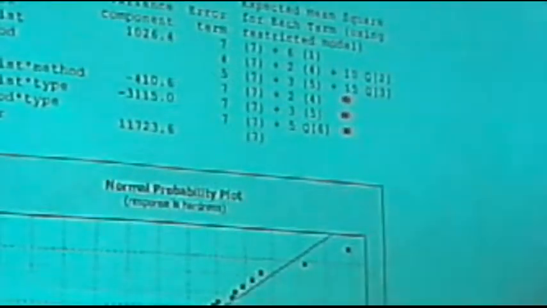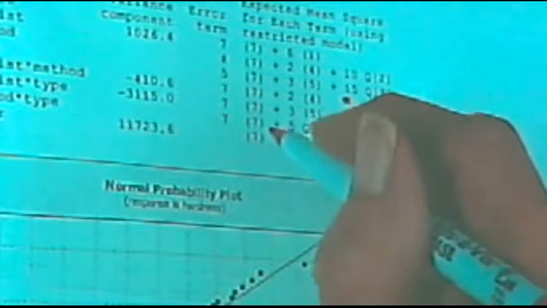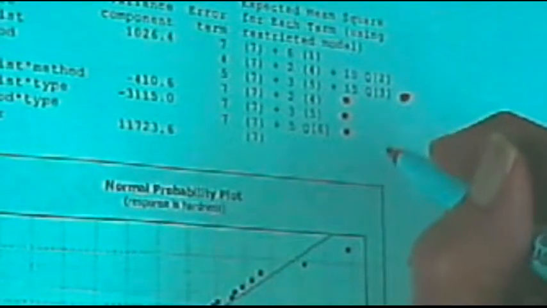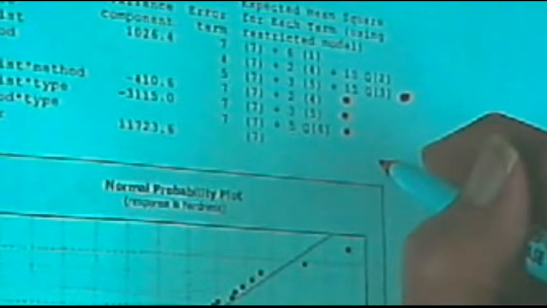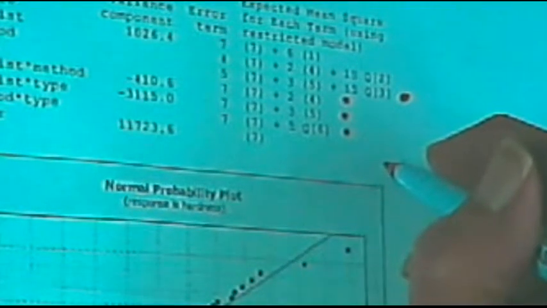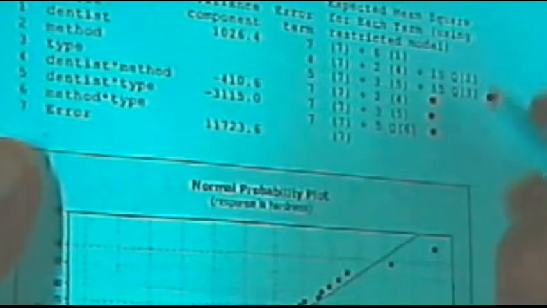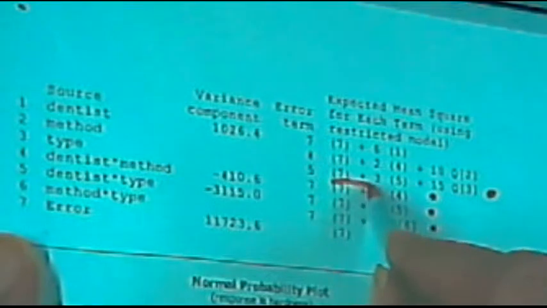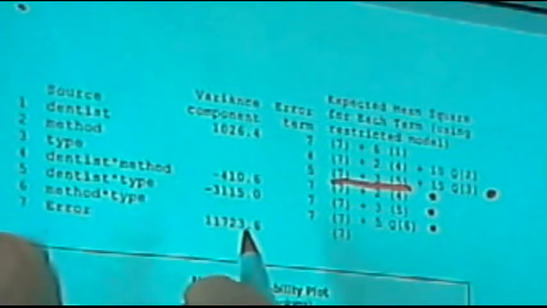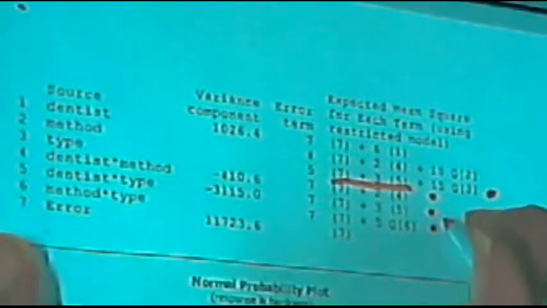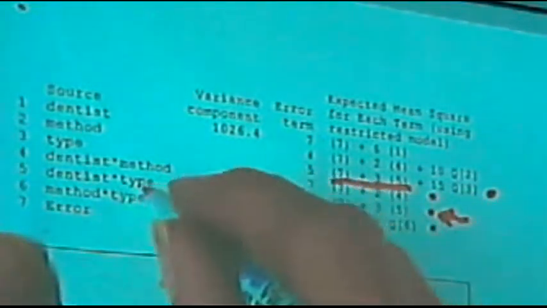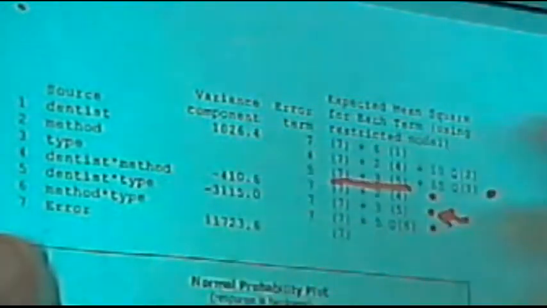So let's go on a little further then. Suppose I want to test type of goal. So here's the expected mean square. I have to find something that has the right denominator. So I've got to find something that has this 7 plus 3 times 5 as its expected mean square. And I see it right there. And so I would say that's dentist by type.